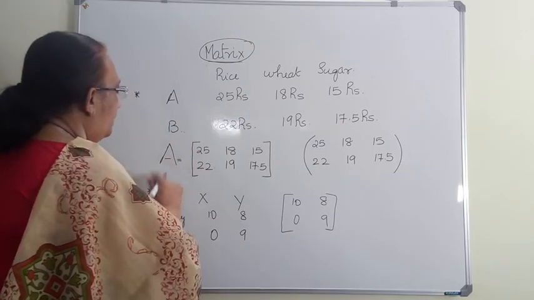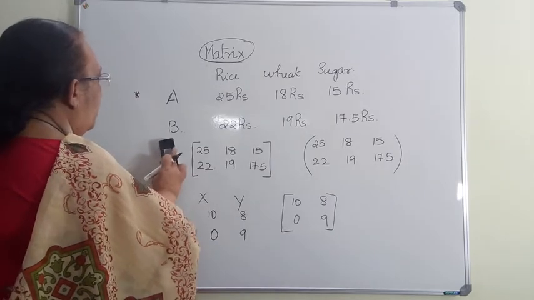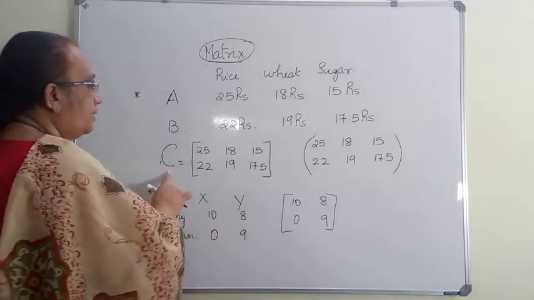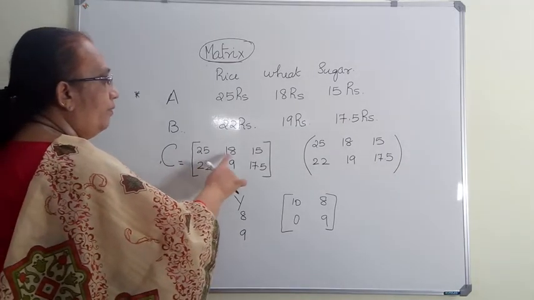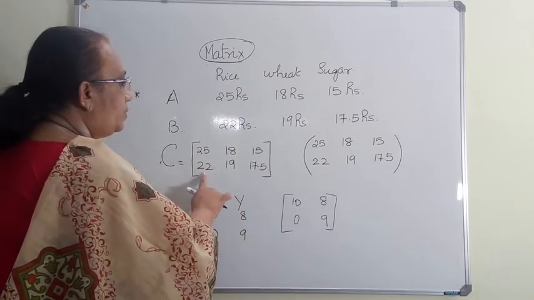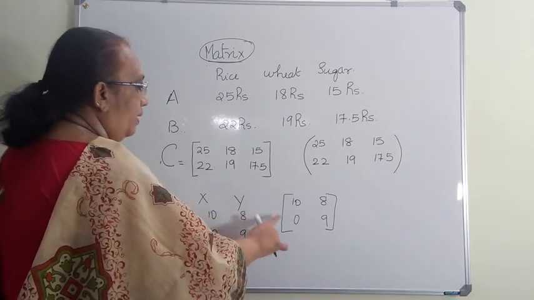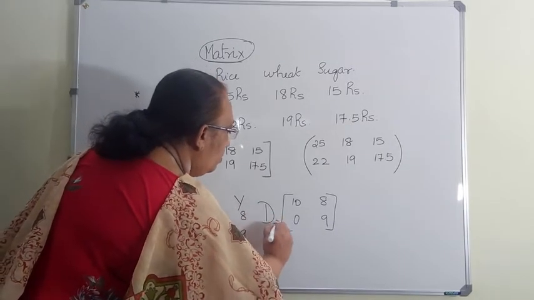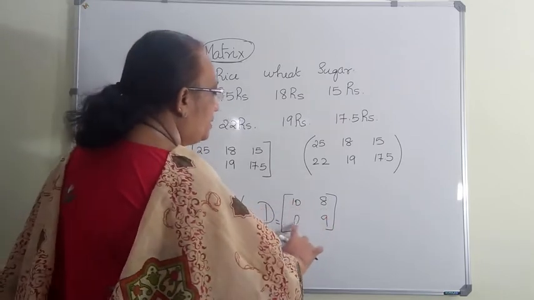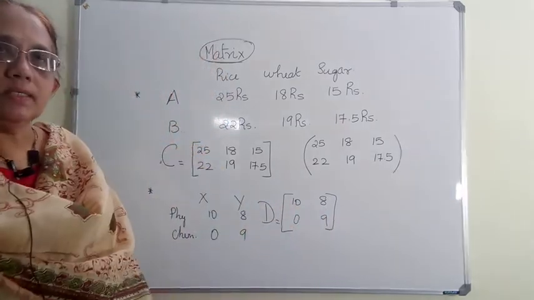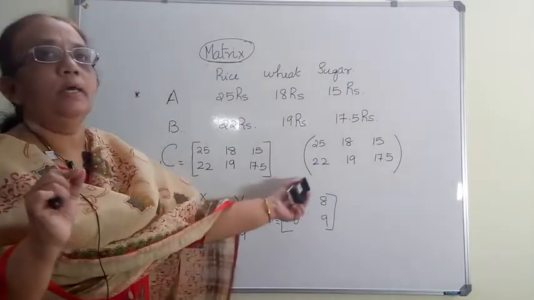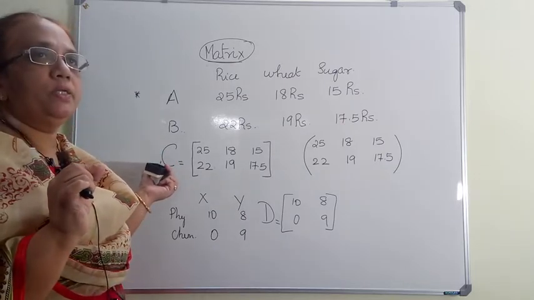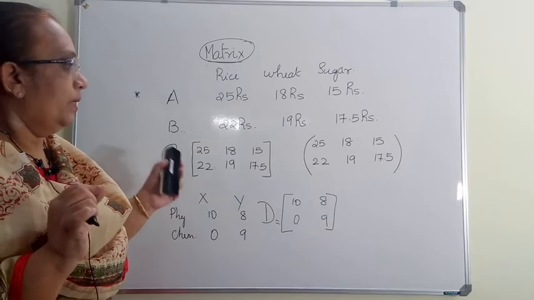Let us say C is equal to the matrix 25, 18, 15, 22, 19, 17.5. This can be written as matrix D is equal to the matrix 10, 8, 0, 9. Each matrix is unique, so you have to name them, and naming is always done by capital letters of the English alphabet.